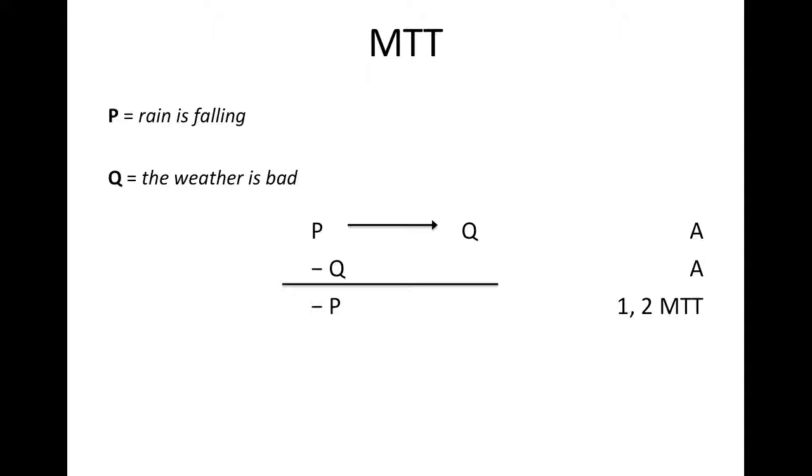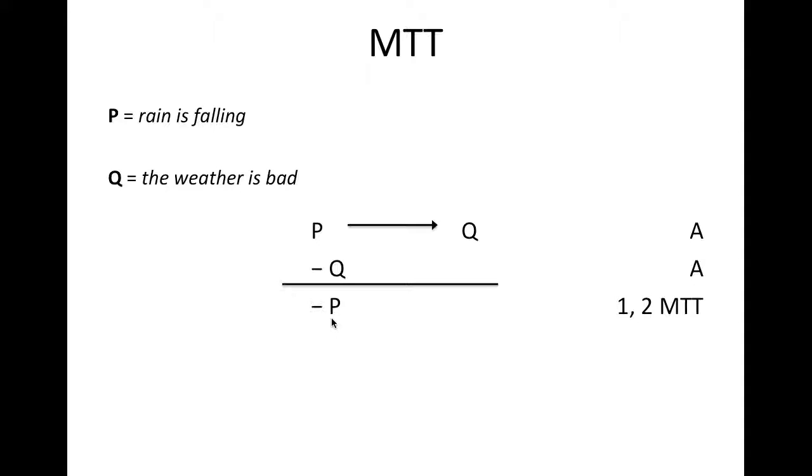And that's just because we accept this conditional statement here that, if rain is falling, then the weather is bad. And if we know that the weather is not bad, then logically, and by using MTT or modus tollens, we can derive the fact that it cannot be raining.